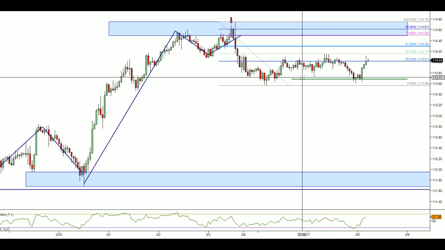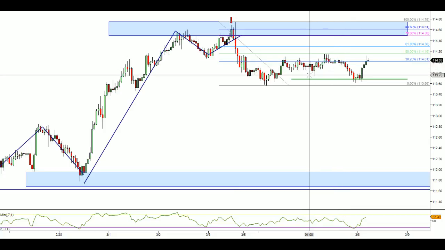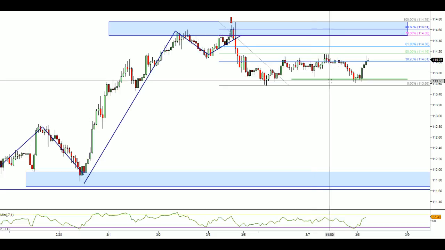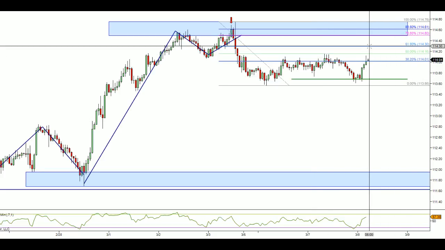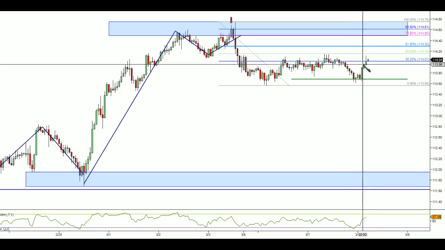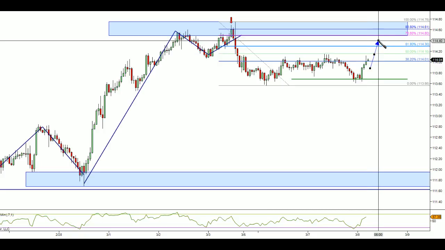To make sure that we have a decent risk to reward, or for me anyways, I need to let price rally up a little bit higher.